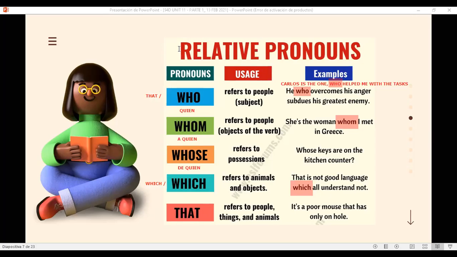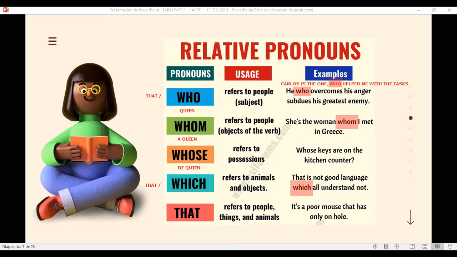See, sorry, I wrote it wrong. Podríamos utilizar which o that para referirnos en este caso a objetos, cosas o animales. So this is more or less what we have as a relative pronoun. Entre los relative pronouns más utilizados están who, which, and that.